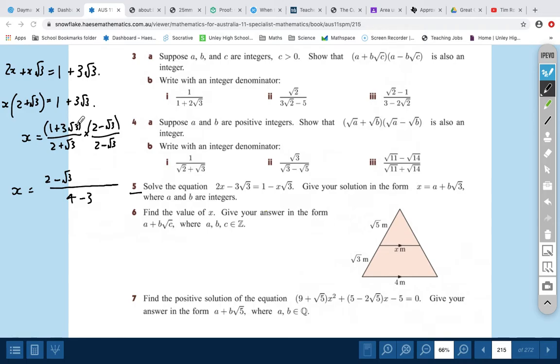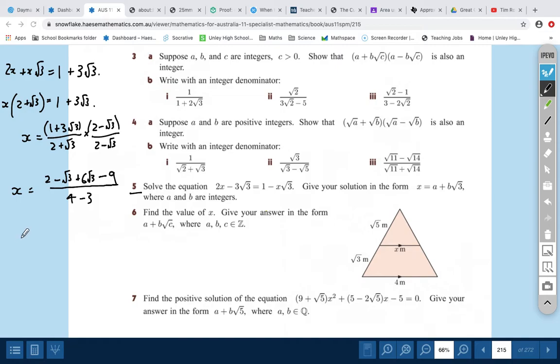Right, so I've got 3 root 3's, and there's 2 of them. That would make 6. We've got plus 6 root 3. And the last term, right, the root 3 times the root 3 is 3. There's a minus, put the minus in. So we've got 3 times 3 is 9.